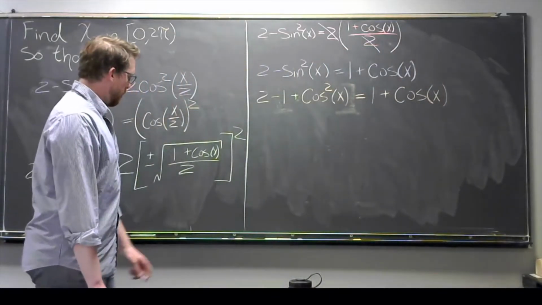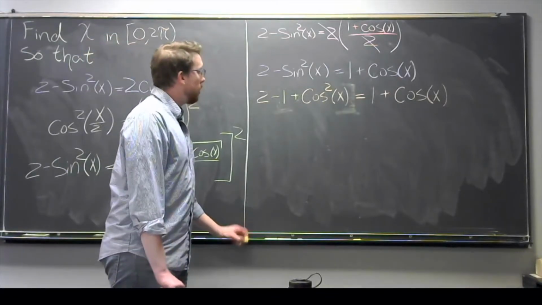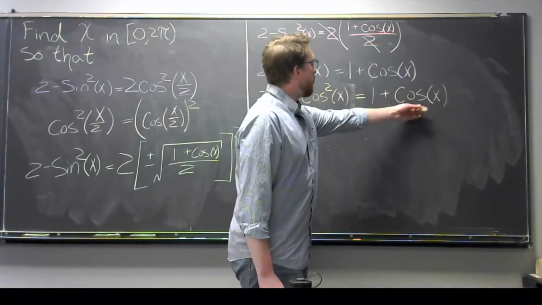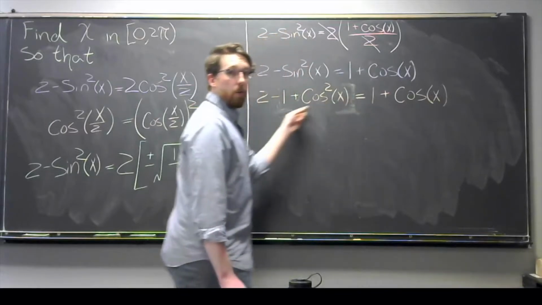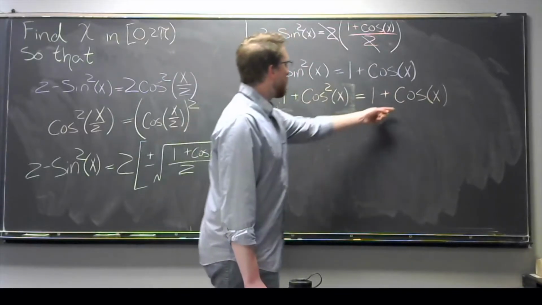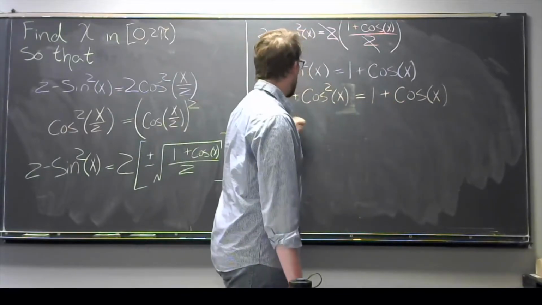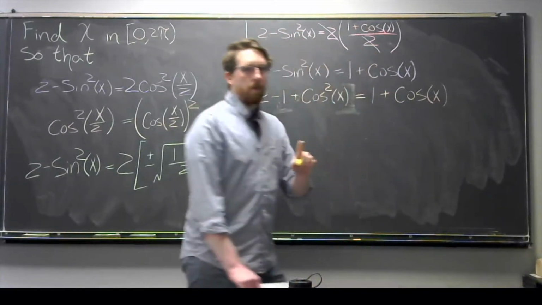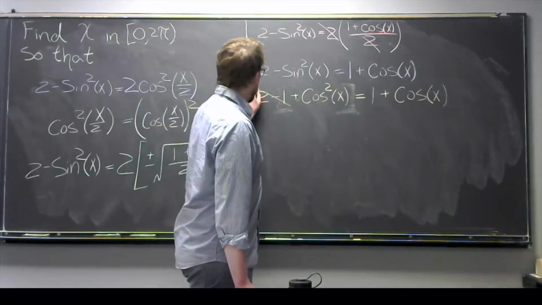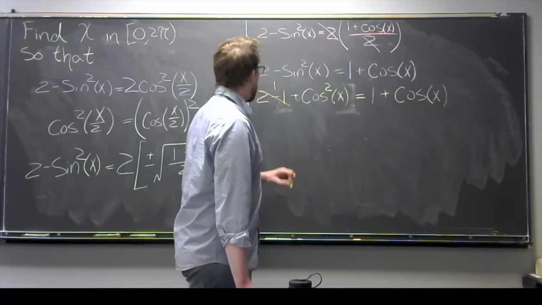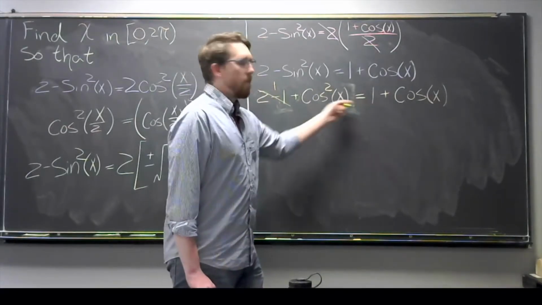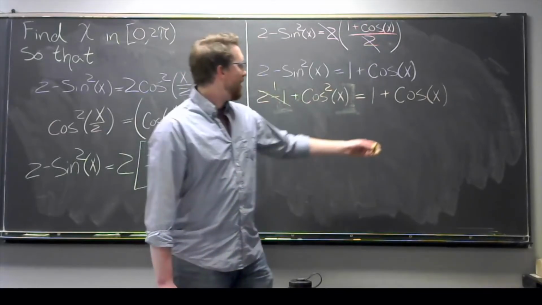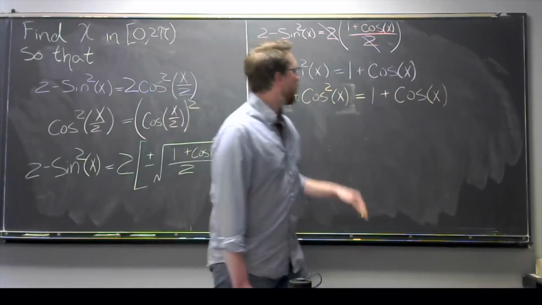Okay? So now we can try to move all of this to one side. I'm just going to subtract all of this from both sides. Actually, before I do that, this cancels and becomes just 1, right? Now I'm going to subtract all of this from both sides.